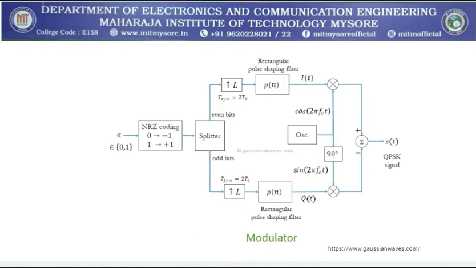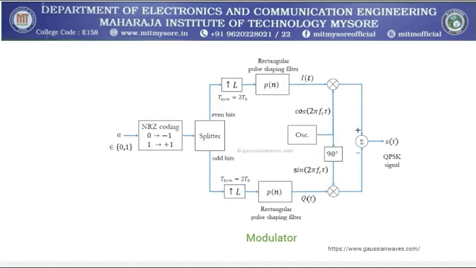After that it will be given to the splitter, where if you have a 0, you will be having -1, and if you have a 1, +1. In practical generation of a PSK waveform, if the message bit is 0, you will have -V volts. If you have a 1, it will be what? Plus V volts. We are going to represent it in that manner. Correct, right? So if it is a 0 or a 1, those things will be represented along with it.